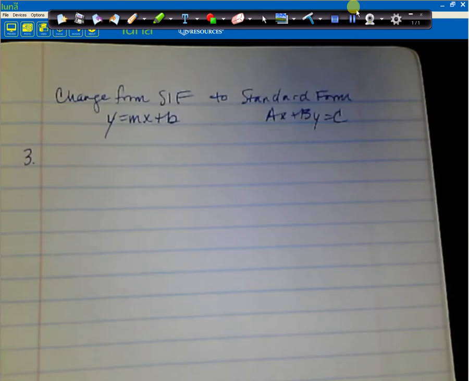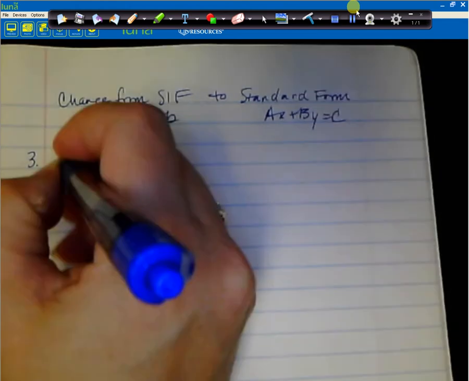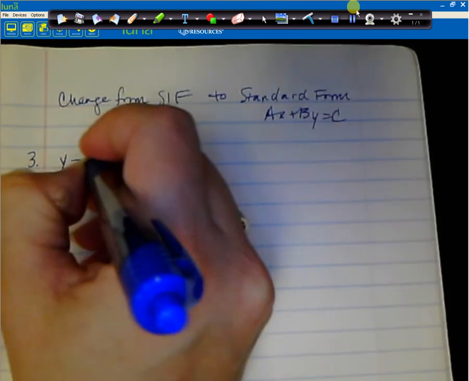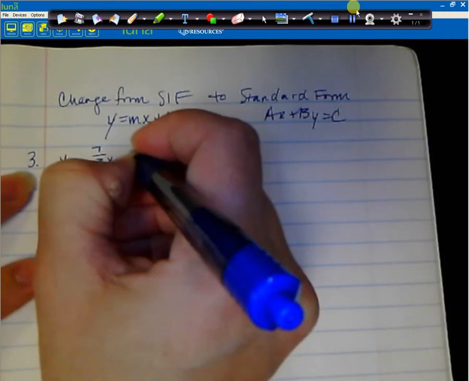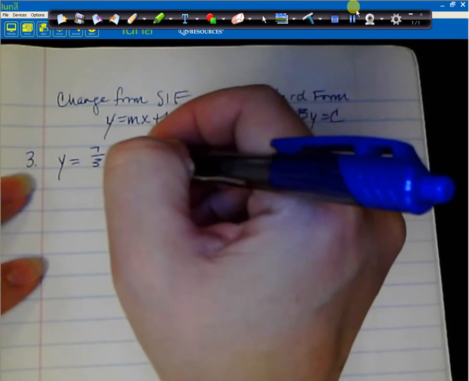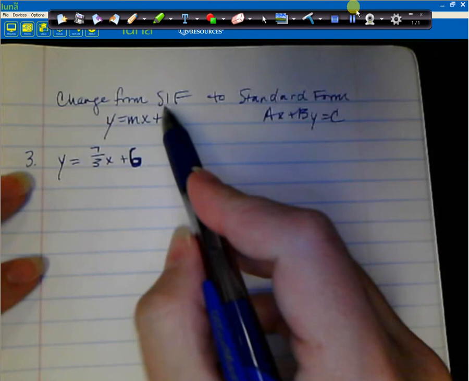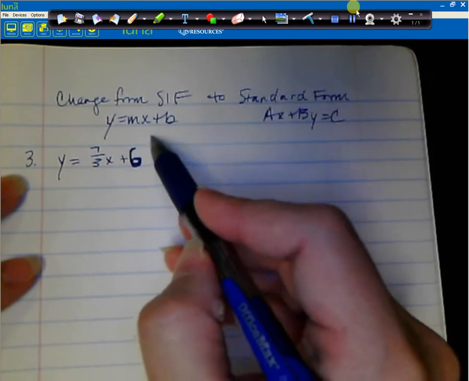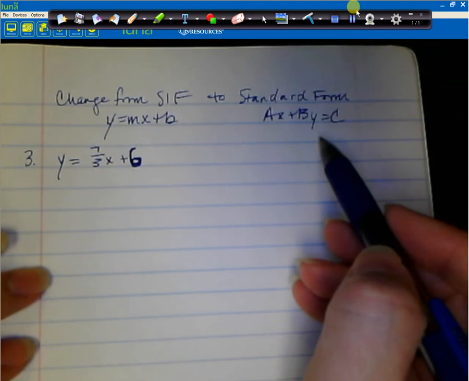All right, number 3 is y equals 7 over 3x plus 6. And number 3 is asking me again, that is a 6 and not a b, I'm sorry. Number 3 is asking me again to change it from slope-intercept form, y equals mx plus b, to standard form, ax plus by equals c.